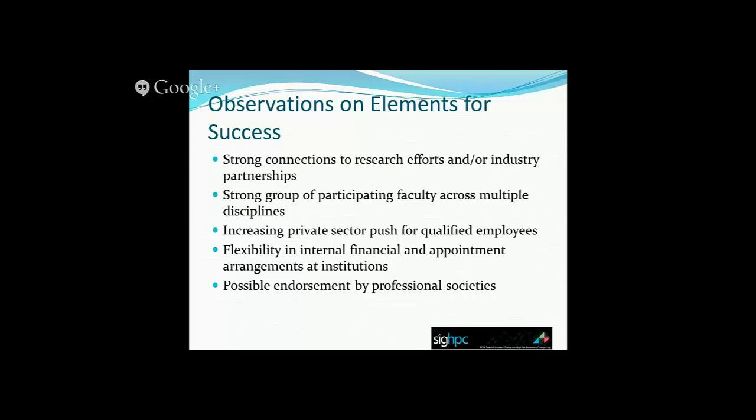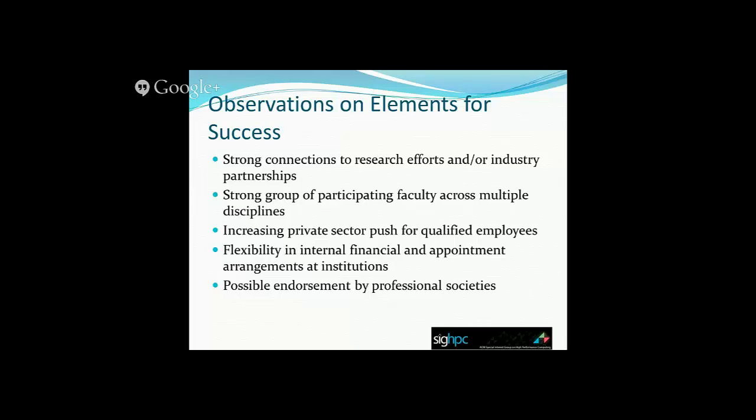So a few observations. There's nothing scientific about these observations. These are just personal things that seem to be the case anecdotally for programs that I have worked with. The successful programs tend to have strong connections to either research efforts and/or industry partnerships, so that there's benefits for both sides.